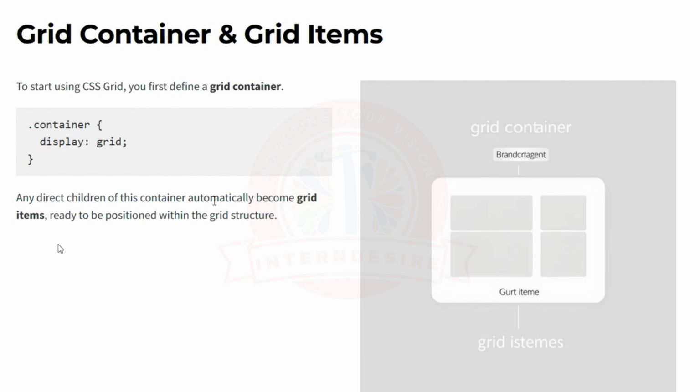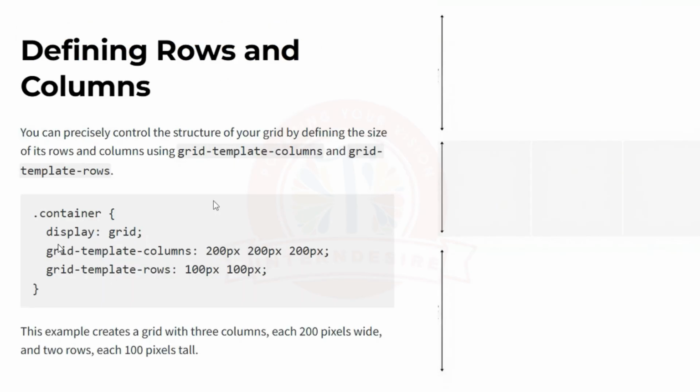So, defining rows and columns in CSS Grid. We can precisely control the structure of the grid by defining the size of its rows and columns using grid-template-columns and grid-template-rows. So here I have pasted the code also. .container class, display: grid, grid-template-columns: 200px 200px 200px, grid-template-rows: 100px 100px.